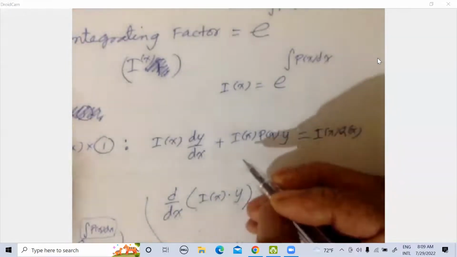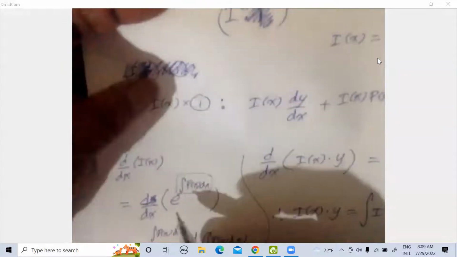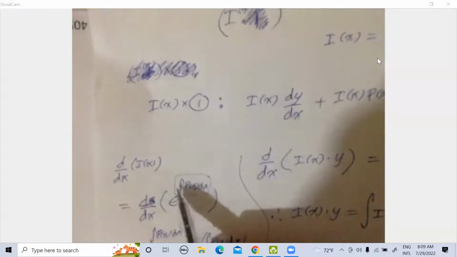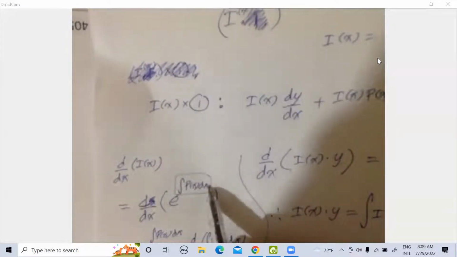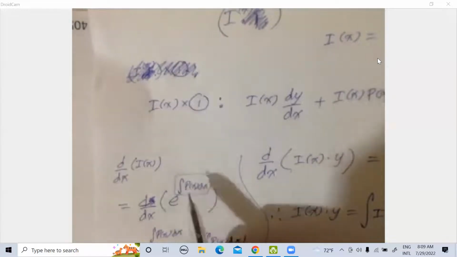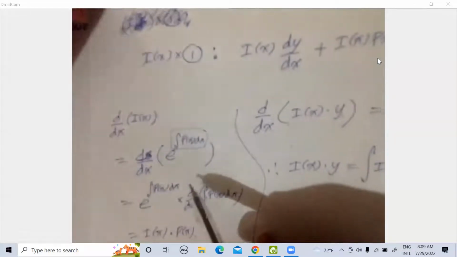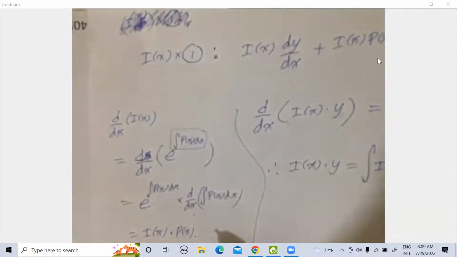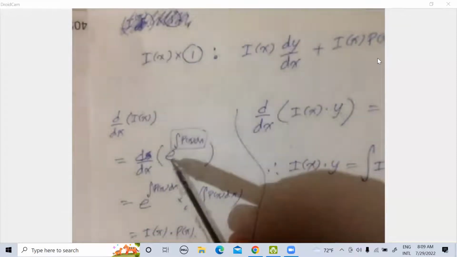Derivative of I(x): I(x) is e to the integral p(x) dx. If I take the derivative, we know the exponential's derivative is the same, multiplied by the derivative of the function at the top, the chain rule. So it's e to the something.